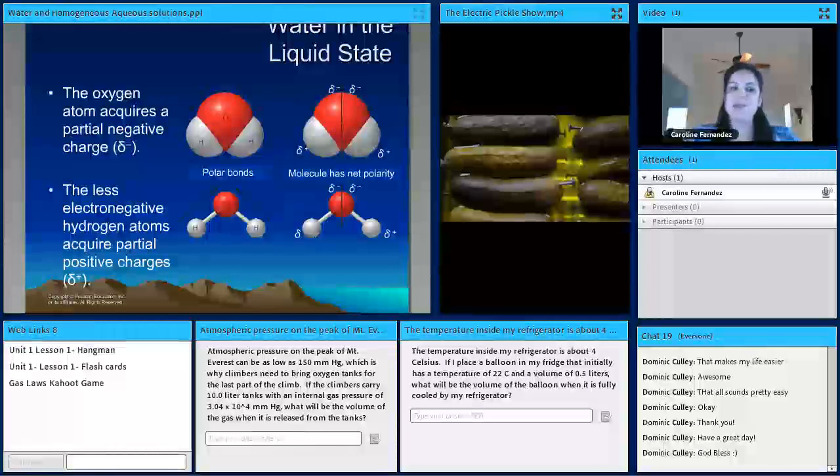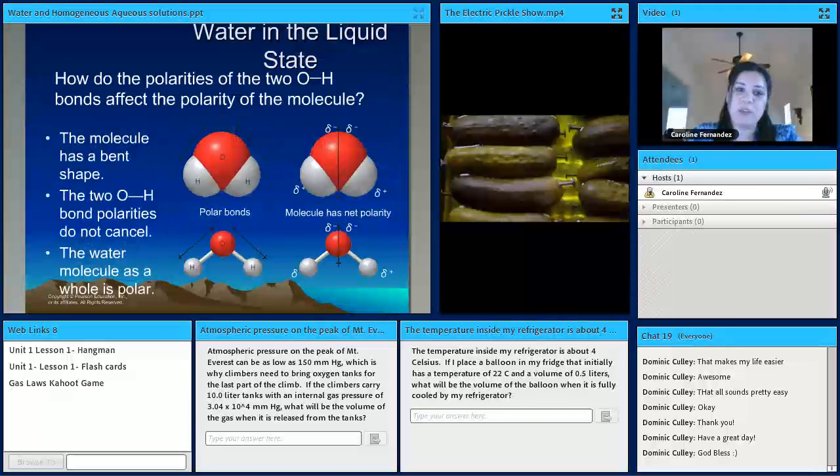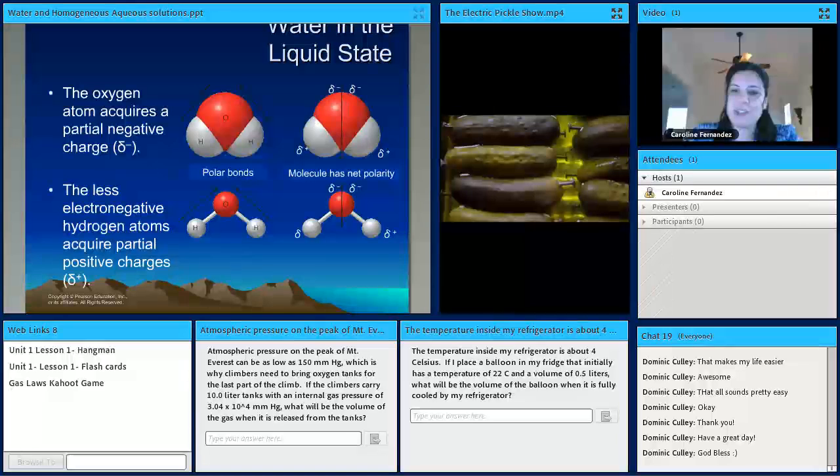So when we look at our water molecule over here, we see our big fat oxygen and our little hydrogens. They're sharing the electrons, as I said earlier, but they're not sharing them equally. So this makes water polar. When the electrons are shared unequally, it's polar.